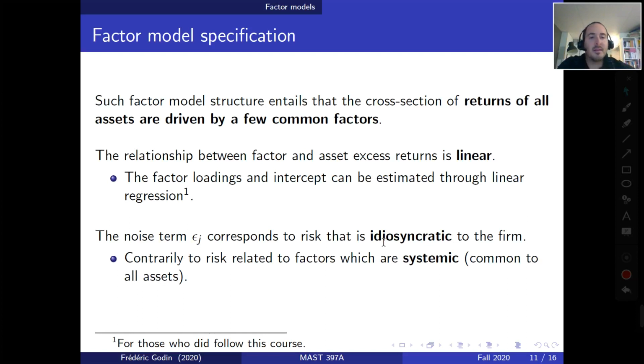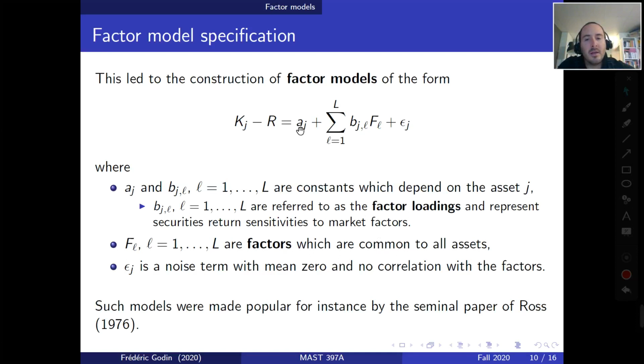So we can see that, if we go back here, the returns of the set of all firms are driven by this term, which is impacted by the randomness common to all stocks. So this is the systemic part of the risk for a stock. And here, the epsilon, the noise term, is the idiosyncratic part, which is not influenced by the main driving force.